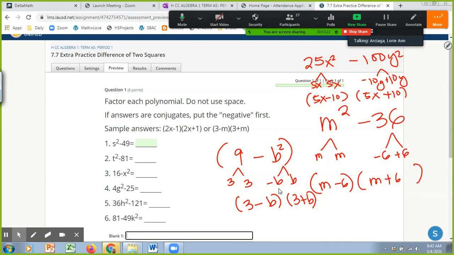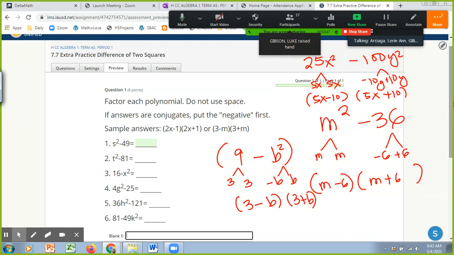Did I answer your question? Yes. I had a question about number 3. I got it wrong, and I'm not sure whether I legitimately did something wrong, or if it's because of the order I put the numbers in.